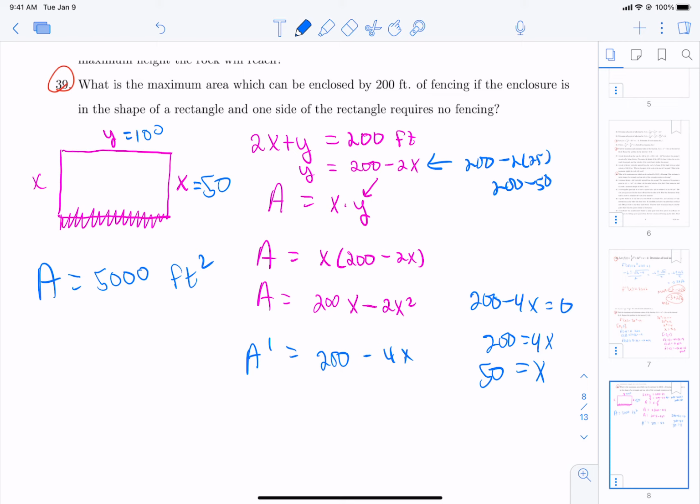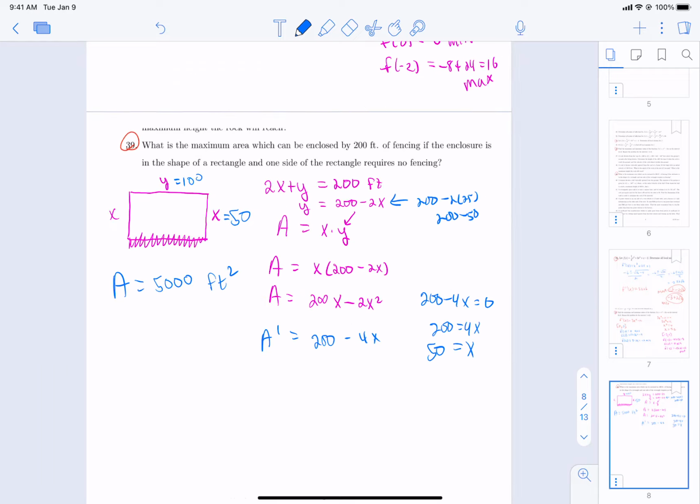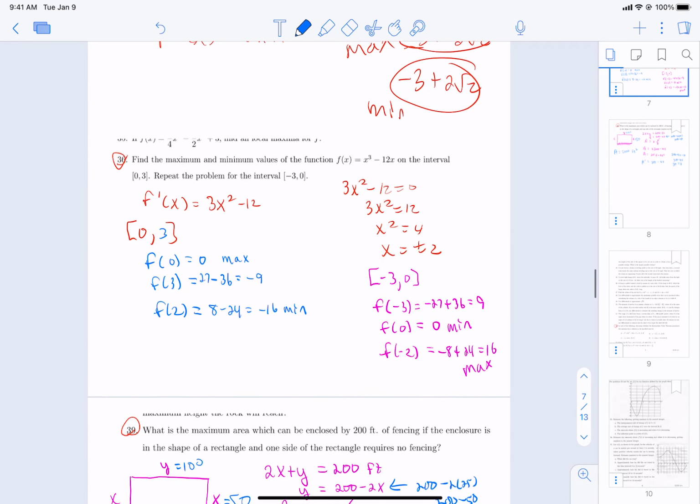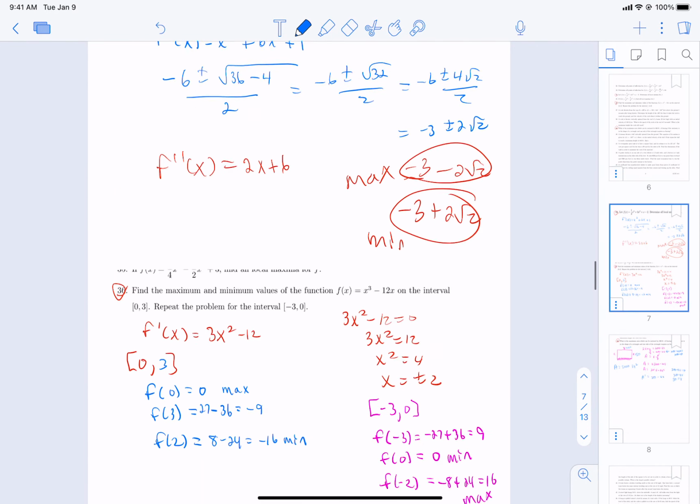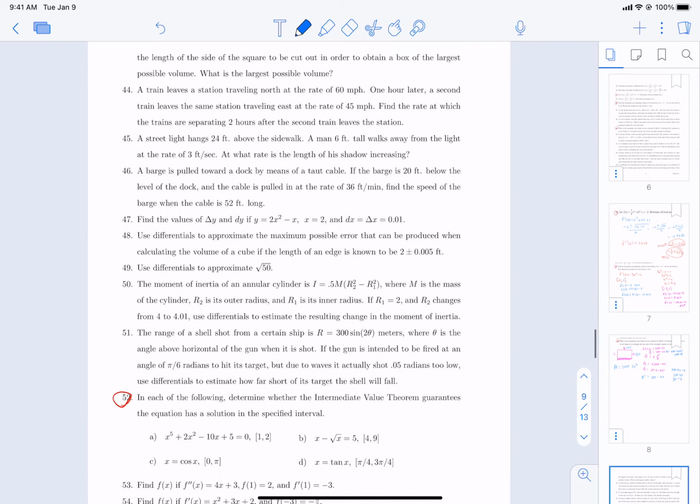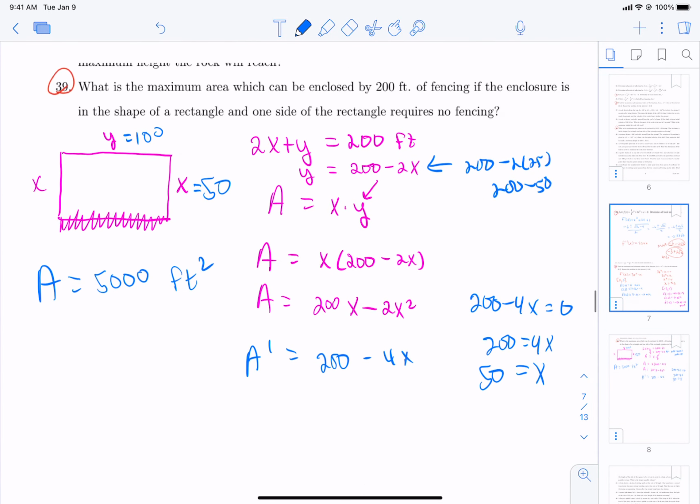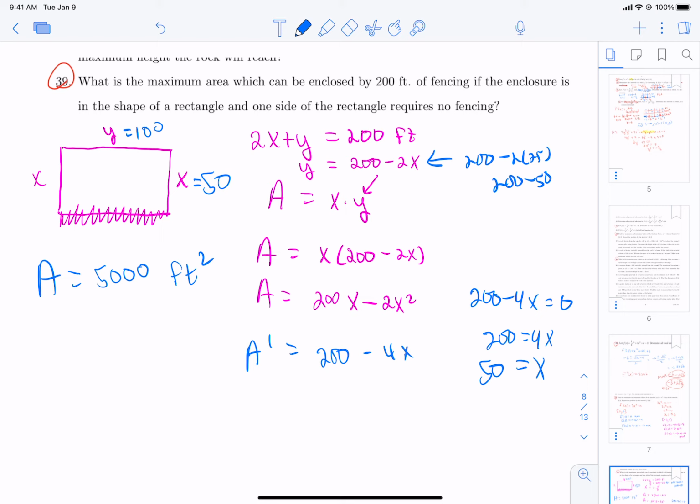So that is 39. Let's see where we left off. Okay, go back to 31. Let me give you a chance to copy that down. We have 6 left.